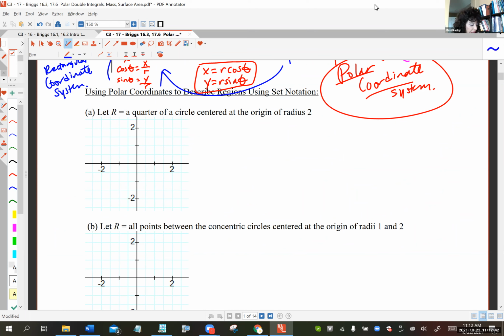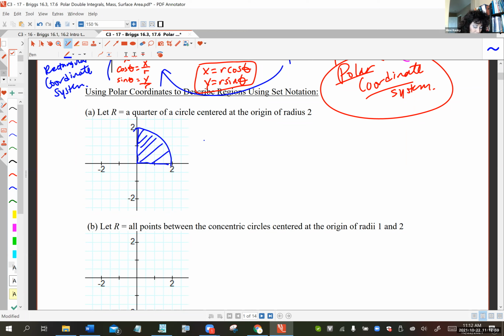Let's talk about sets or regions in the world of rectangular and polar and how you would describe them. So let's say you had a quarter of a circle centered at the origin here in the first quadrant, say. Look at that region. That's kind of cool.